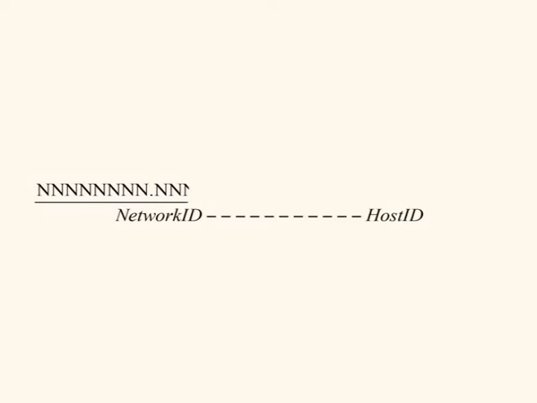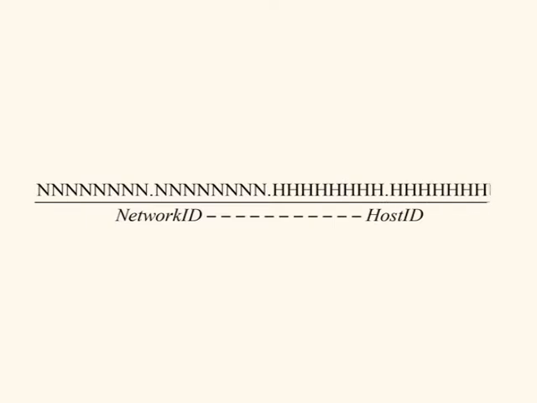Class B. In class B, the two most significant octets are used as network ID. The range of first octet of class B IP address is from 128 to 191. The last two octets are used for host ID.